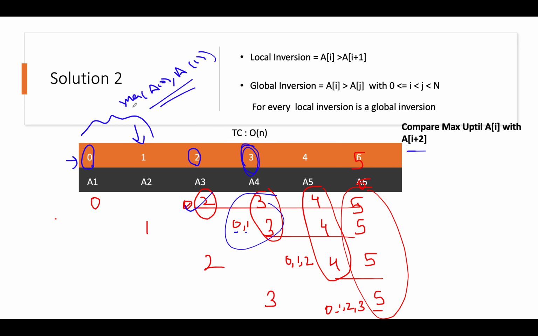Since we are taking the maximum so far, this maximum incorporates both the cases 0 comma 1, which again sounds good. So this condition is also satisfied, and wherever we find that the maximum value so far is greater than the current a of I plus 2 value, we abort the process and return false from there.